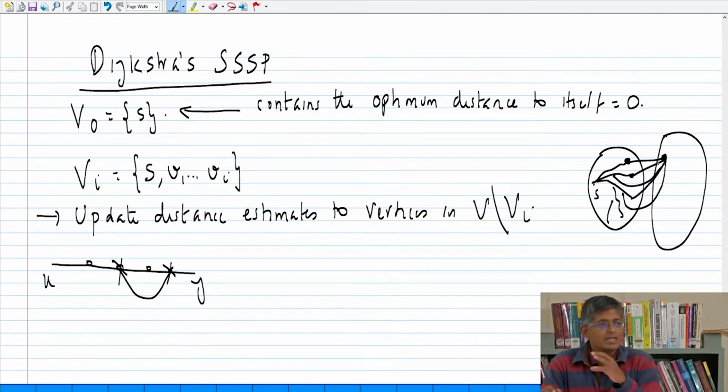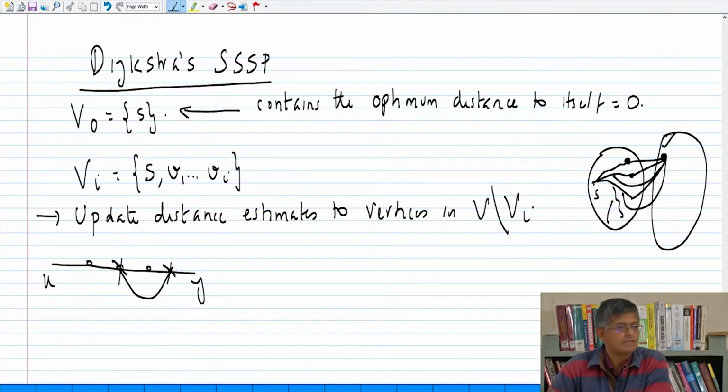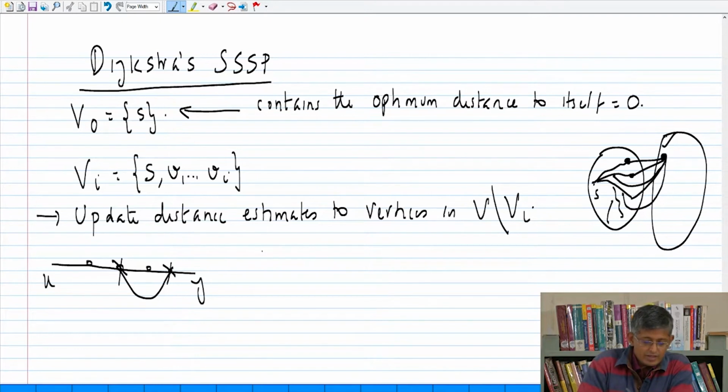You use that path, take one more edge if it is possible, and ask what is the length of that path. Among all of them, you pick the cheapest. That will be the distance estimate for this particular vertex.